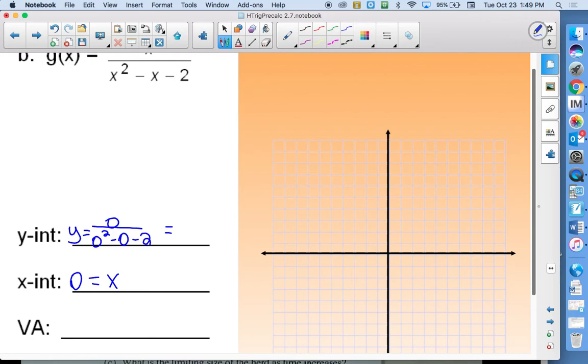Libby, what do you have for the y-intercept? I have 0, 0. And the x-intercept? 0, 0. Yeah. How do you think you'd find the vertical asymptote? So if we set the denominator equal to 0, how would we find the vertical asymptote?